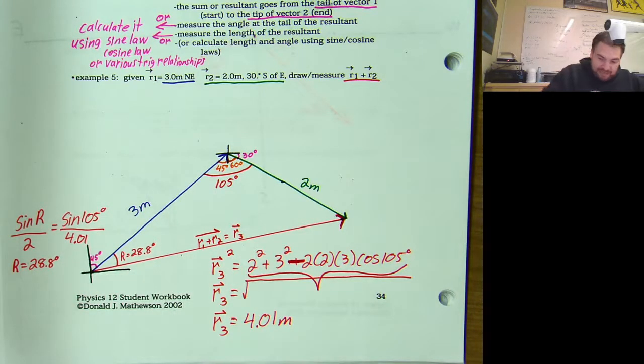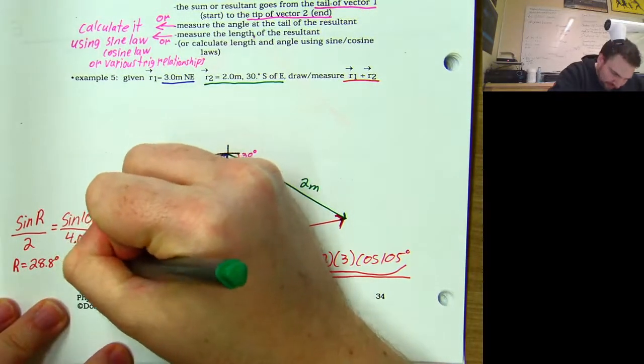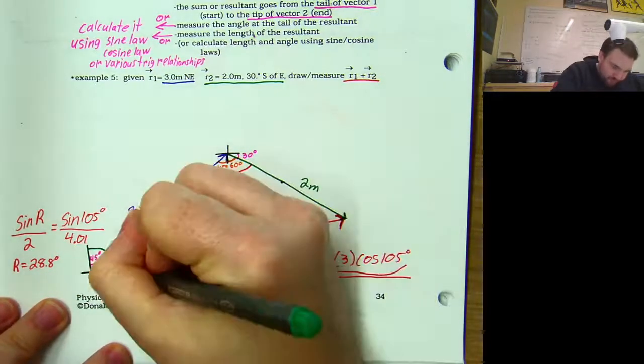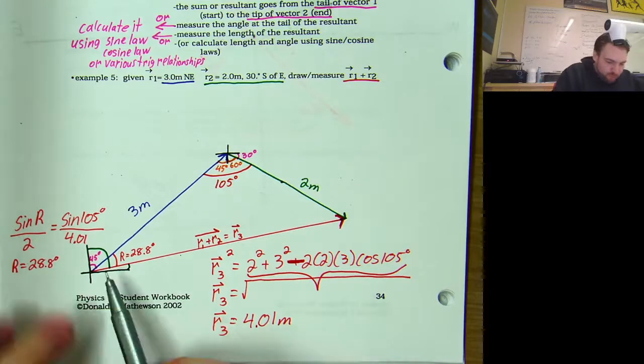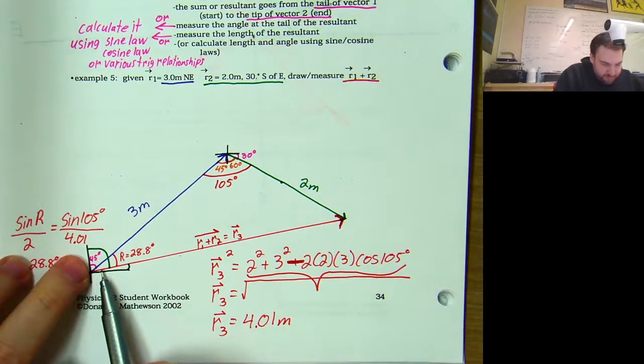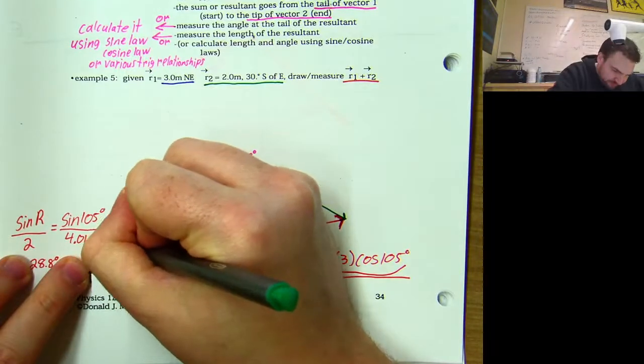So either I need this whole angle, I'm going to use green because it's away from me. So it's either this whole angle here or this little guy in here. Okay. Well, this whole angle here, we got 45 to there and we got 28.8 to there.